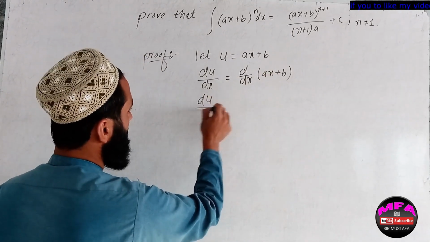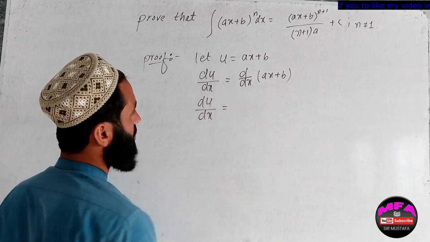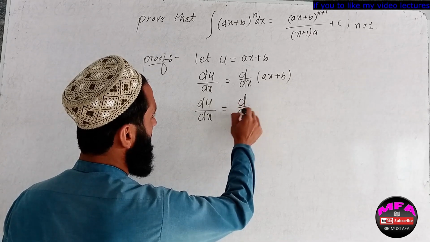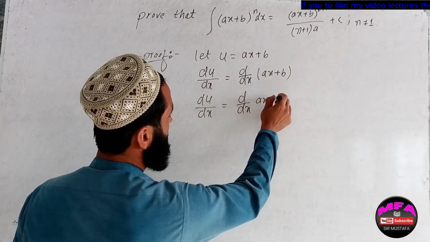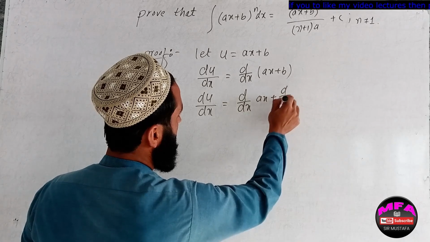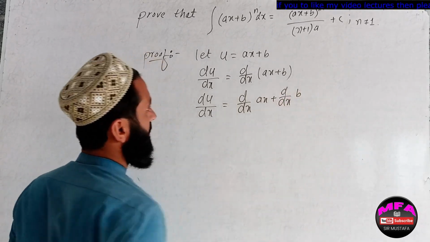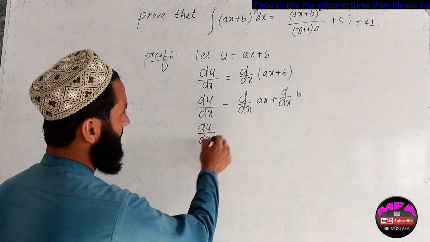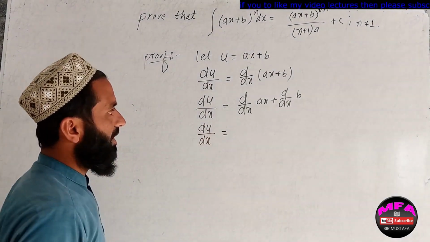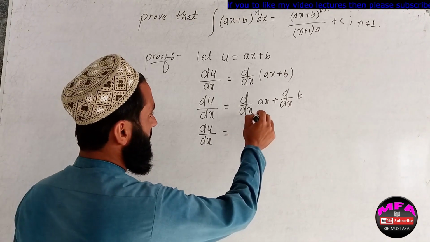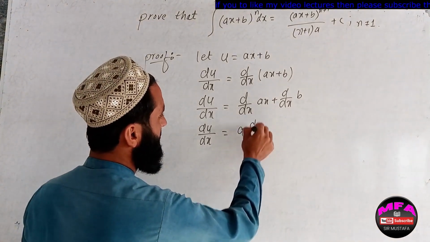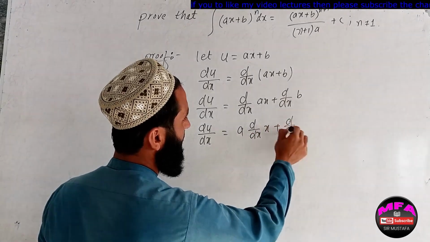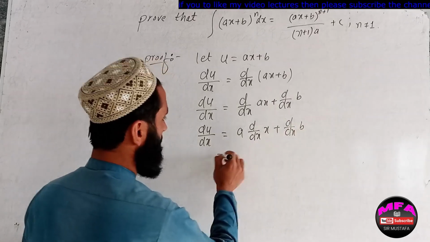So du/dx equal to a times d/dx of x plus d/dx of b.